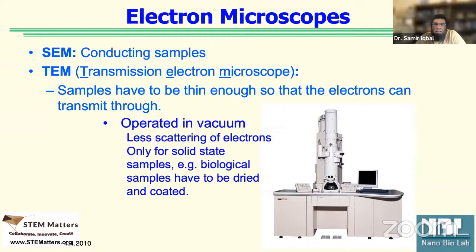But with newer SEMs used at low vacuum, we can now image even biological molecules, which may or may not be conductive. The other type is the transmission electron microscope, TEM. We'll talk about the principle very soon. But just remember, there are electron microscopes. We use electrons to shine. I'm using the word shine just to give an analogy to the optical microscope.